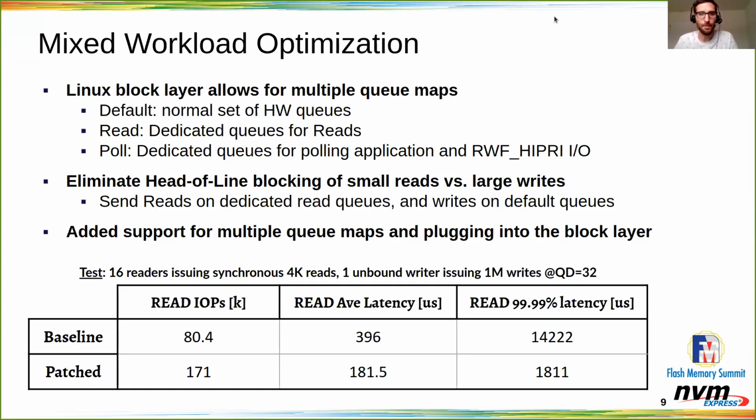So basically, what we did is allocate additional queues in NVMe TCP depending on the user request. And then we actually plugged it into the block layer, and we ran a benchmark to see what the improvement is. So the baseline test was basically to have 16 readers. Each of them is doing synchronous reads, just one by one.